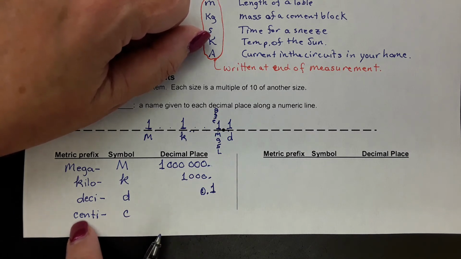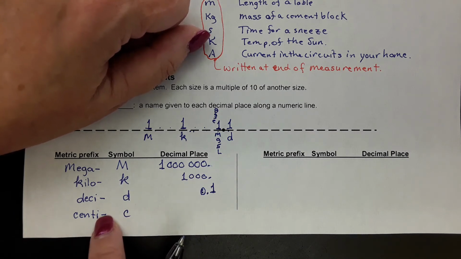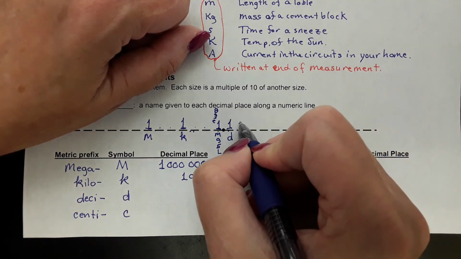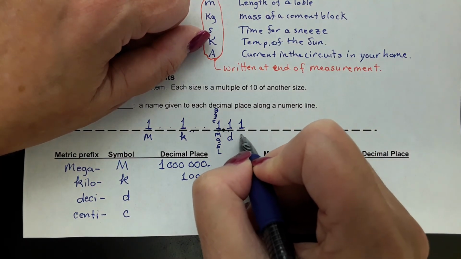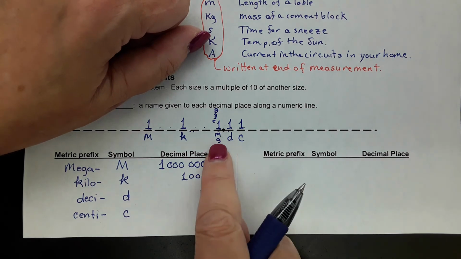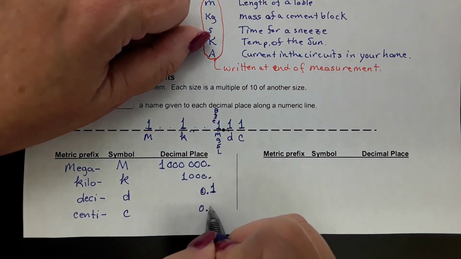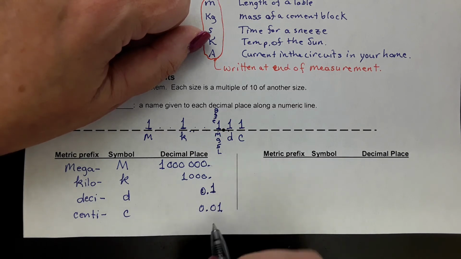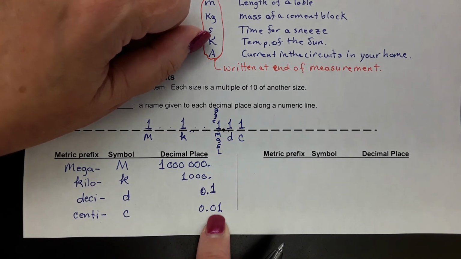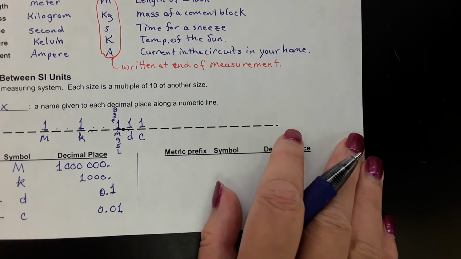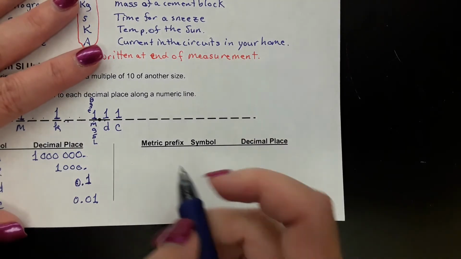So anytime you have a centi something, it's 1/100th of a whole. Deci is a tenth of a whole. Centi is 1/100th of a whole. Because if you say 1 divided by 100, you get 0.01.